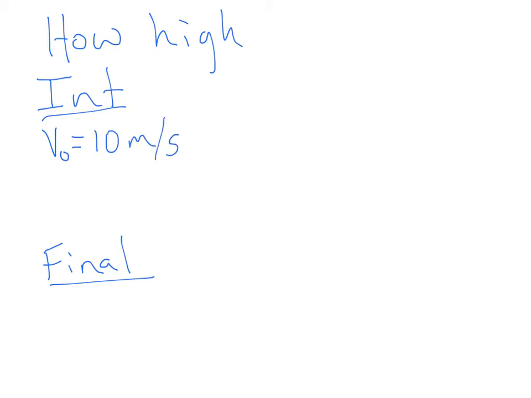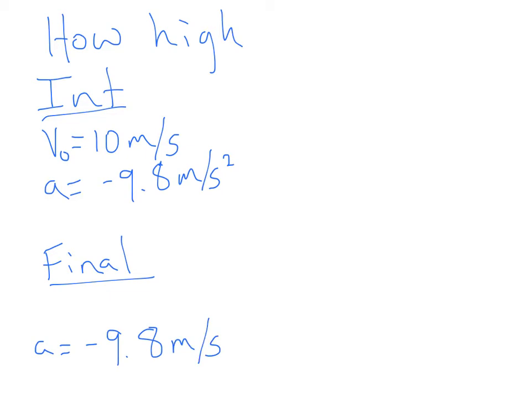We also have an acceleration that is a negative 9.8 meters per second squared. And that is the same initially, and in our final situation we also have a negative 9.8 meters per second squared. Well, what else do we know? We know that the final velocity is going to be 0. It's going to be 0 because we're getting to our max height.